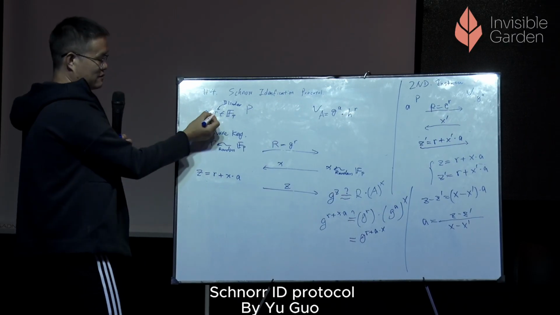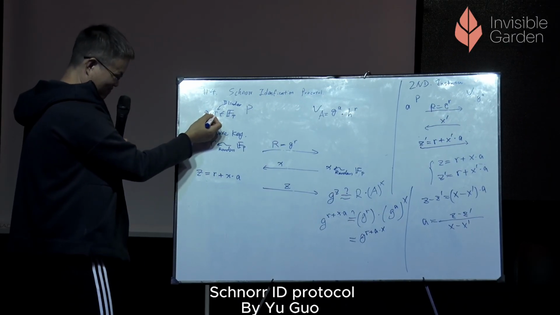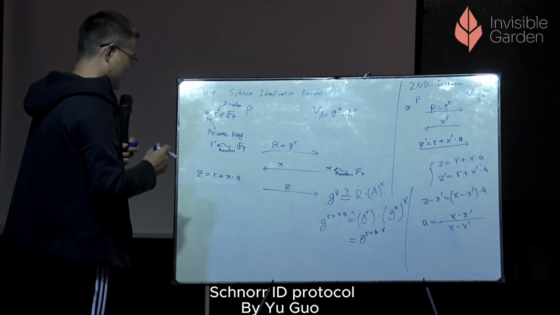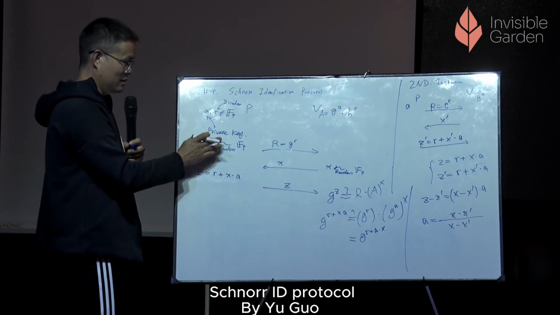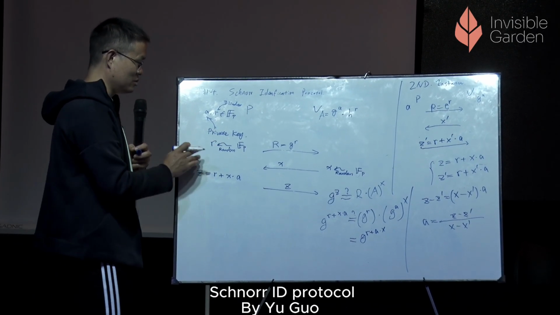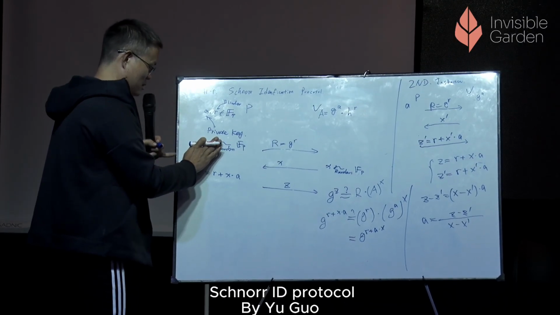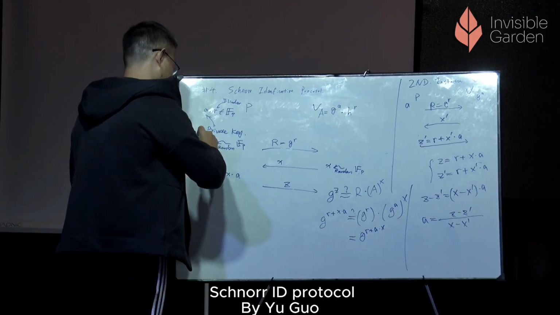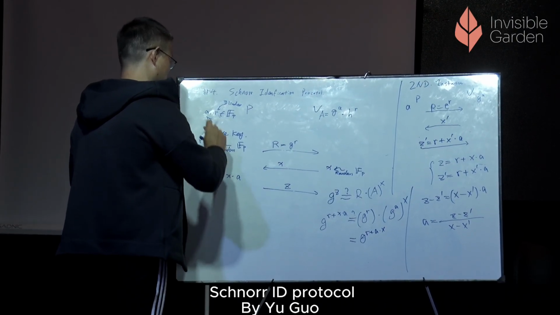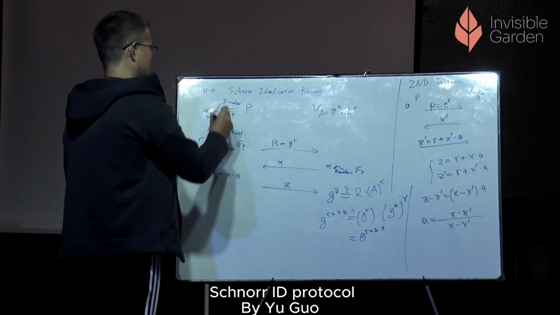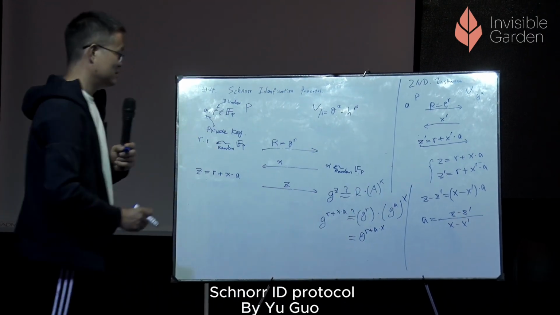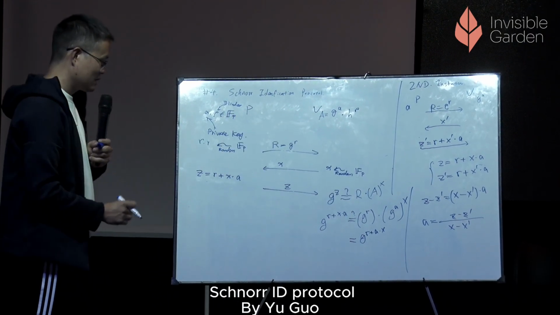Okay, the R should be kept secret. And then the first step, the Schnorr protocol, the prover will sample two randomness, R and, let me use Greek, rho, use rho as the randomness to protect the private key.